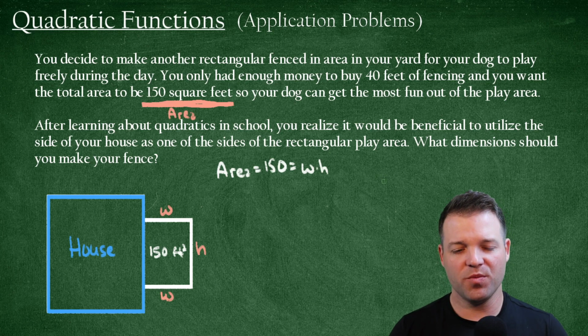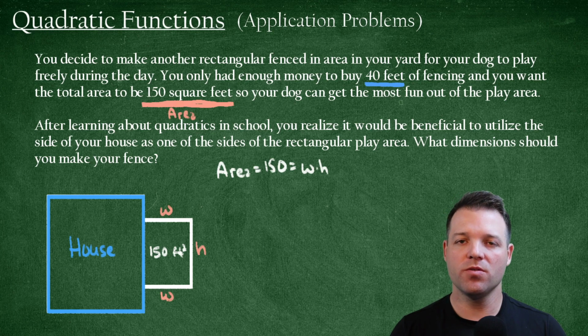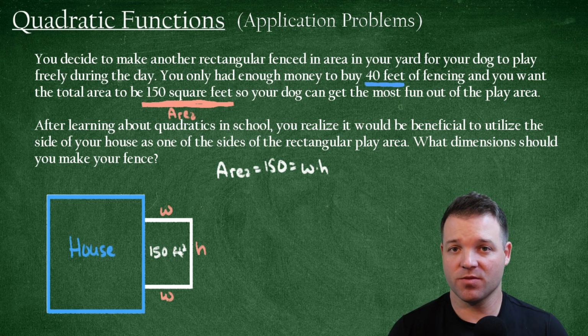But there's actually one other thing we know. The other thing we know is related to the 40 feet of fencing. We know we're going to use a maximum of 40 feet of fencing because we're going to use all of it, and that is equivalent to the perimeter.